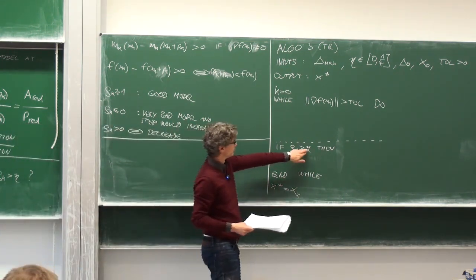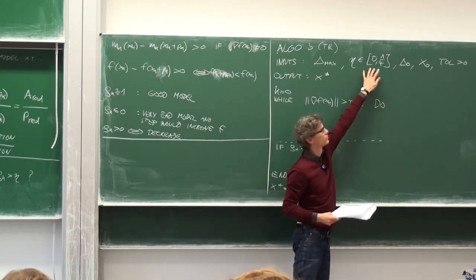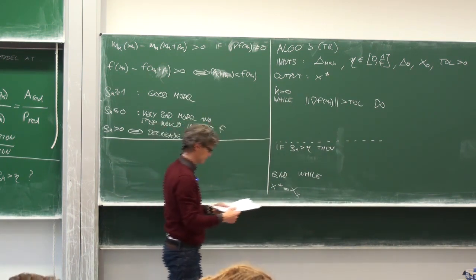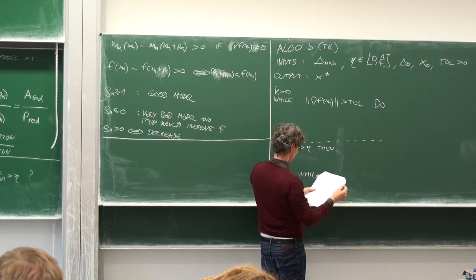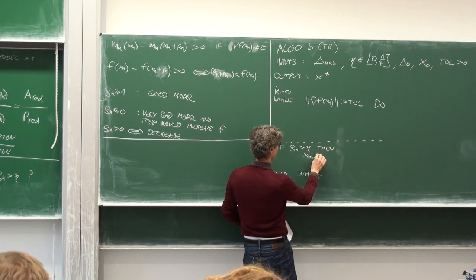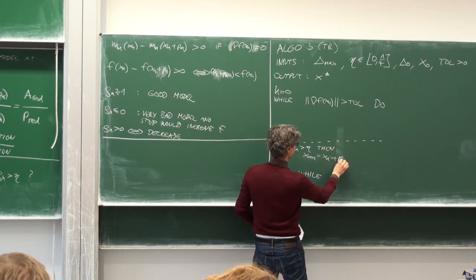If it's actually bigger than 0, even if this eta is something in between these two, then we would accept a step only if it's strictly bigger, making some progress. If this happens, then you just perform a step: xk plus 1 is equal to xk plus pk.